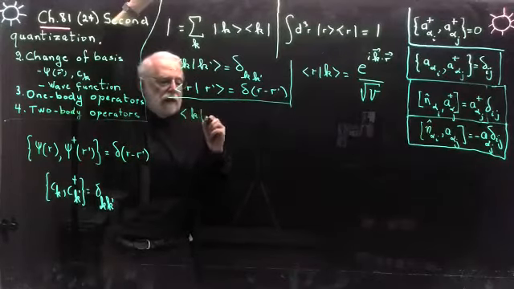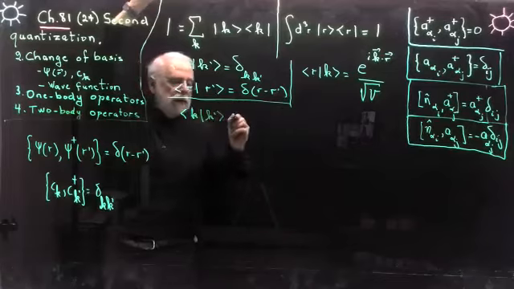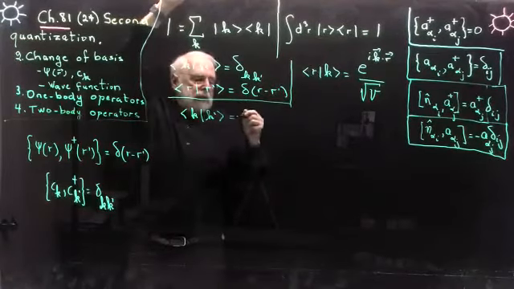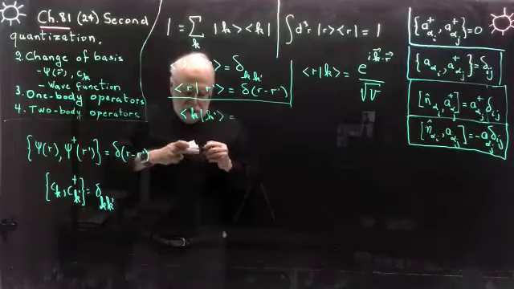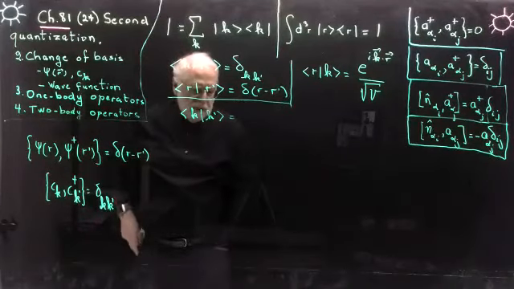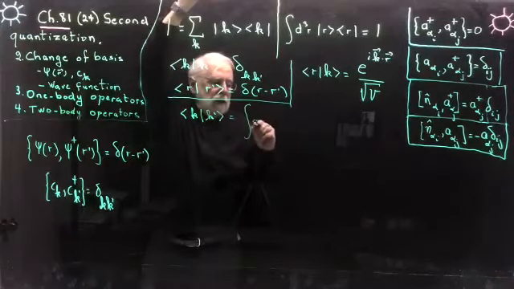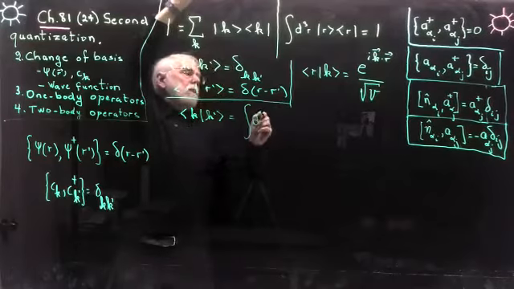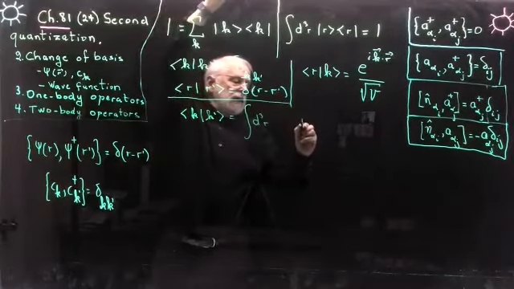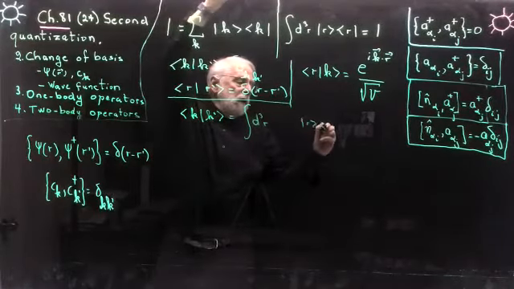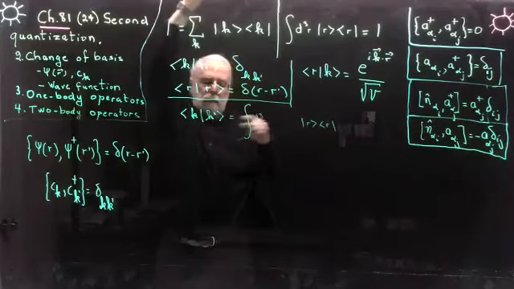So k prime is equal to, I use this identity here. So it's equal to the integral d cube r, and then I have again r, and then I put k prime.